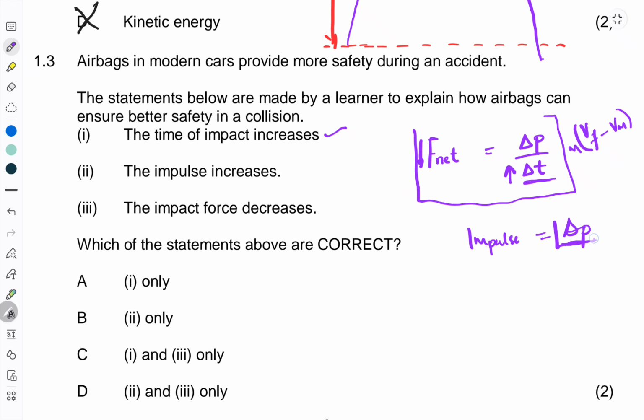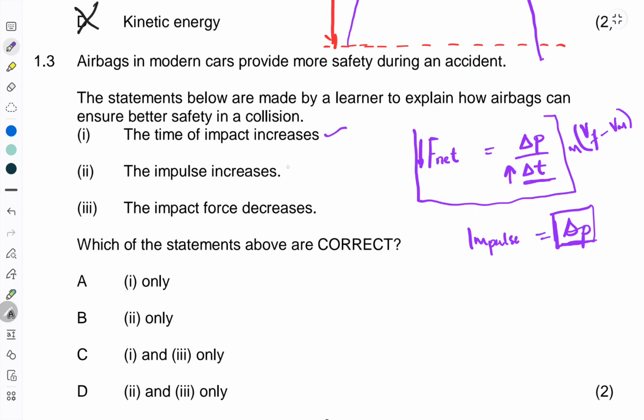So definitely this one will be constant even if the airbag was not there. If we calculate your momentum before and after the collision, and then take the change, it's the same value. So we can't say the impulse will increase.